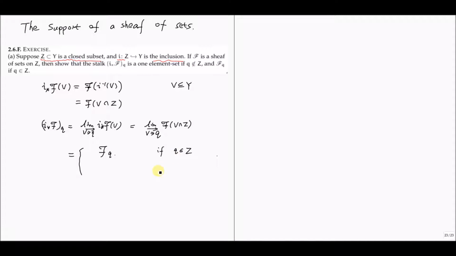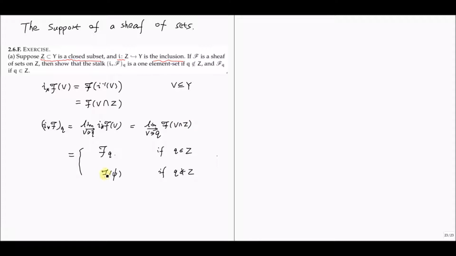If q is not in Z, then this colimit will become F of empty. This is because Z is a closed subset of Y, and V is an open subset of Y. In particular, if we take V to be the complement of Z, this will become F of empty.